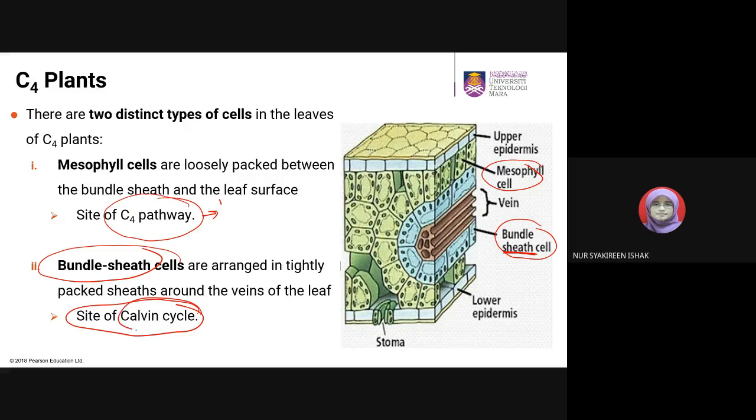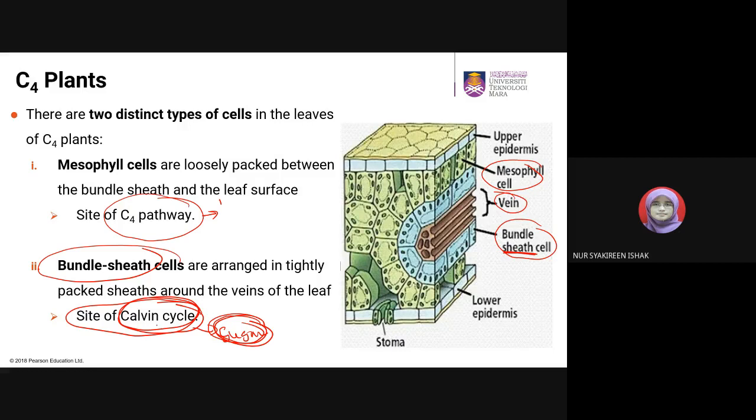Sebab dia adalah site untuk Calvin cycle, awak tahu Calvin cycle untuk produce sugar kan? So that's why awak tengok susunan sel untuk leaf anatomy ni, bundle sheath cell akan surround ataupun near the vein.